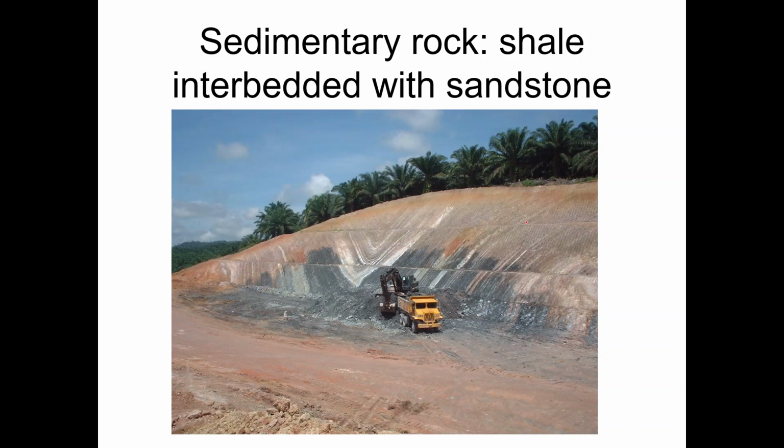Similar to this, on the top you cannot see any structure. But if you go deeper, you can start to see the structure of geology. You can see the bedding here. Start to see bedding, then go deeper, you can see the bedding.